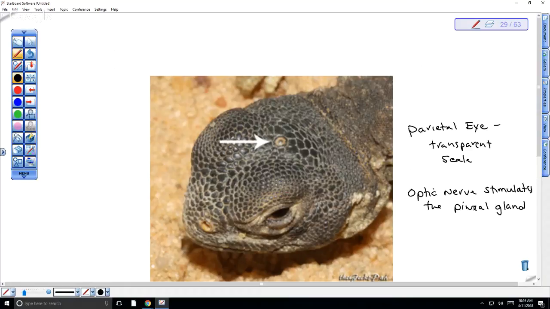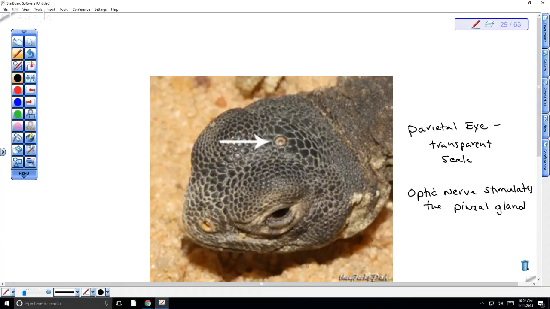So if you have blindness due to a problem with the optic nerve, then you could have a person that's blind who cannot keep a circadian rhythm. Some people are blind, but light still travels in and stimulates the receptors, and there's still action potentials being sent.